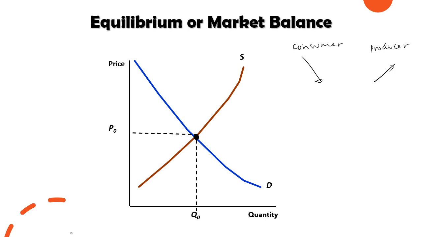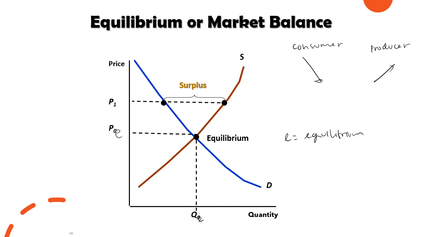It should be E, yeah? QE and PE. E is equilibrium. Now, in this area, above the equilibrium point and in between the lines, we call that the surplus area.